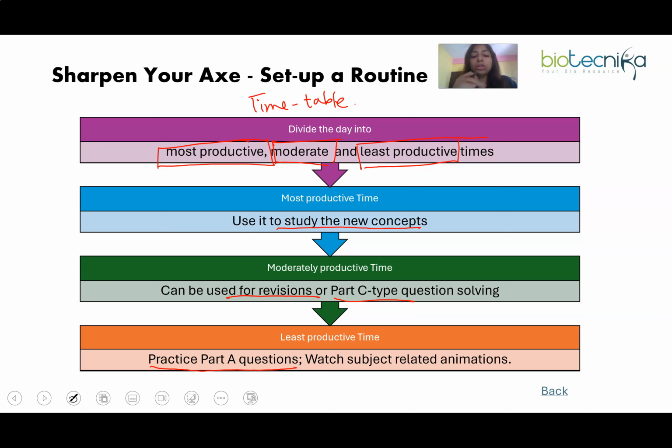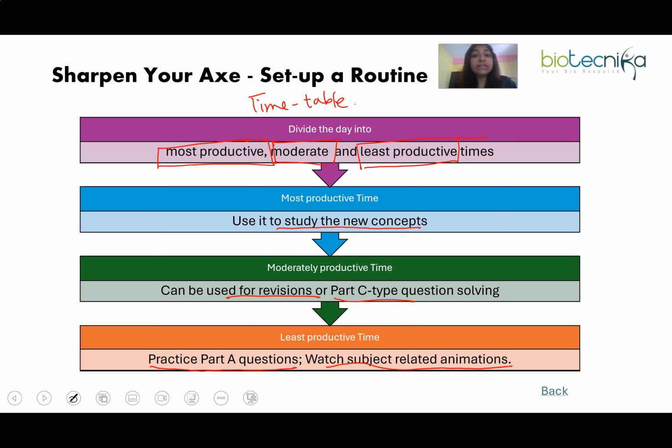Okay, and also the least productive time you can use by browsing the internet. Now browsing the internet does not mean that you just watch some random videos on YouTube or watch reels. Okay, what I mean here is that on YouTube there is a lot of content, a lot of animations related to life science subjects. So use that least productive time when you are lazy and sleepy to watch subject related animations.